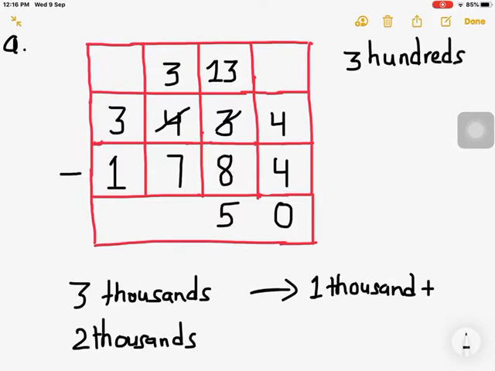Here it borrows 1000, so we already have 300 here plus 1000, okay.